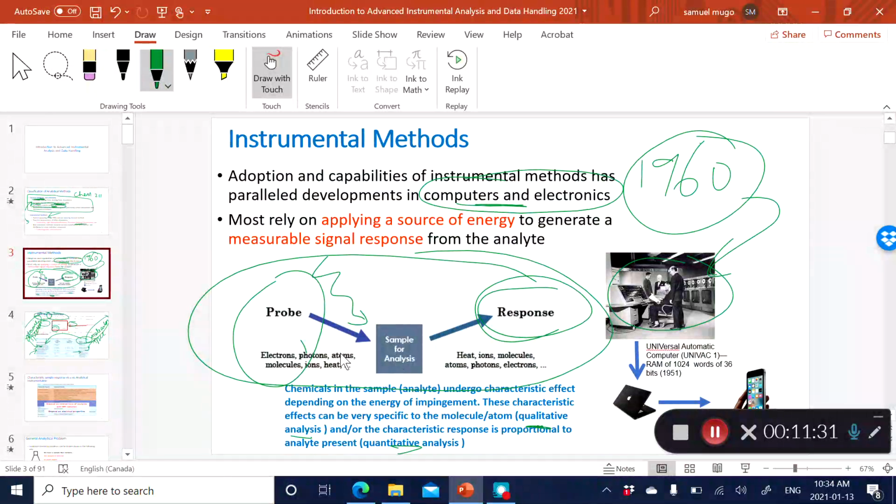If you're using atoms, remember in our acronyms that we defined previously, fast atom bombardment, they can hit a chemical species and cause the perturbation of electrons of that chemical species that you can measure. And fast atom bombardment is a good example of using that type of approach to analyze proteins, for example.